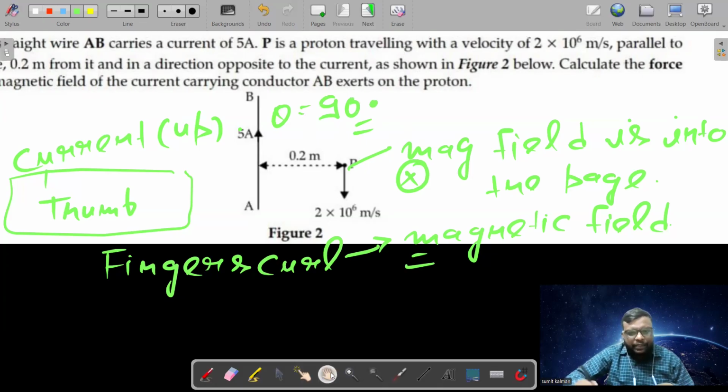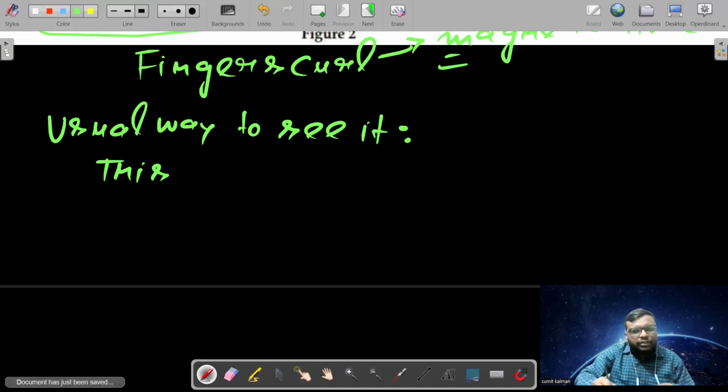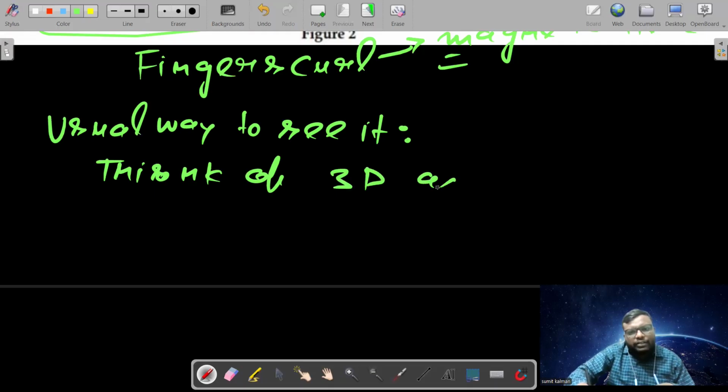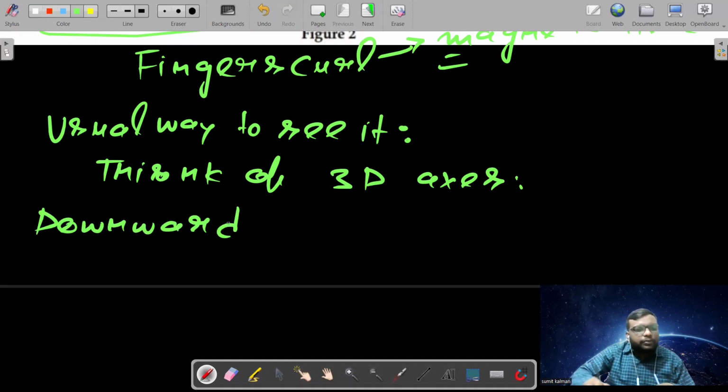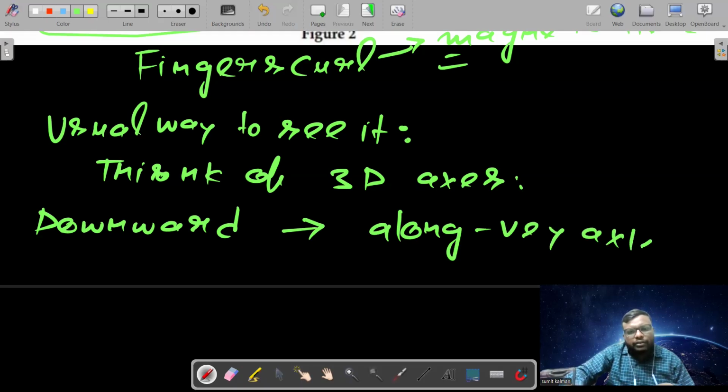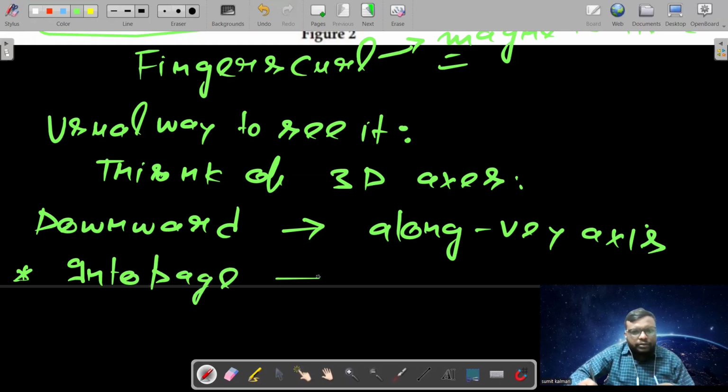And students, now you think of 3D axis. Downward direction, velocity along negative y-axis, into page, that is magnetic field along negative z-axis.